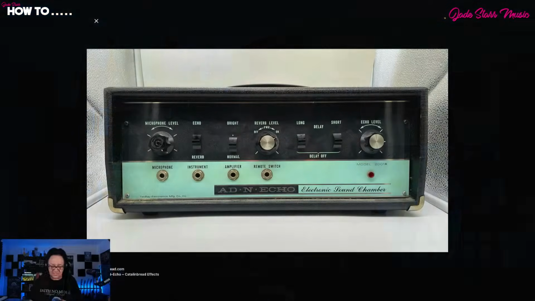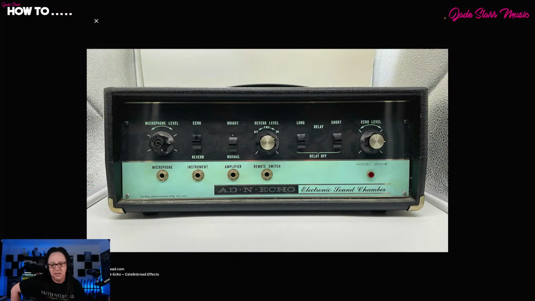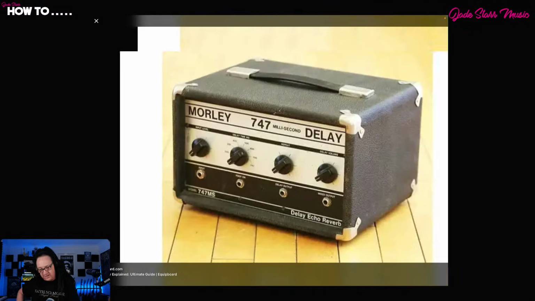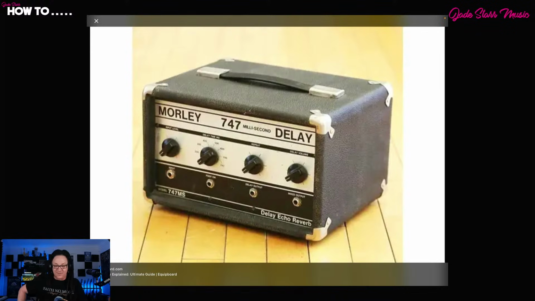Not so much for the next one, the oil can delay. Great in theory, not so good today if you've got one of these, because who's going to know how to repair one? Now, this is not loading, so we're not getting a loaded picture there. The Morley 747 delay.